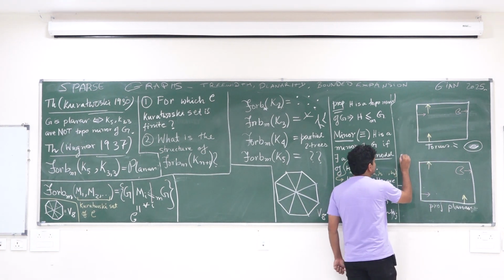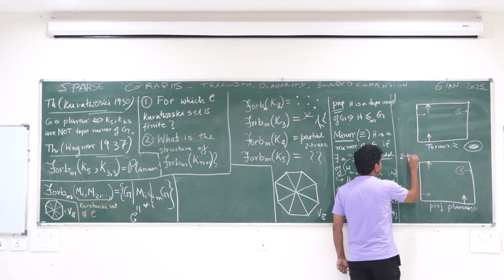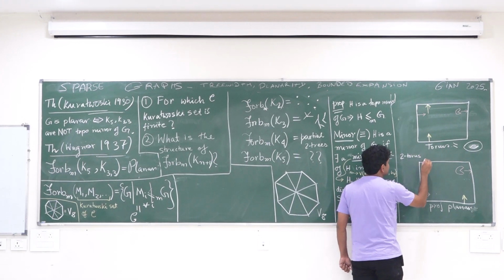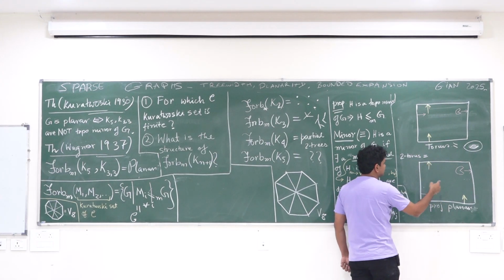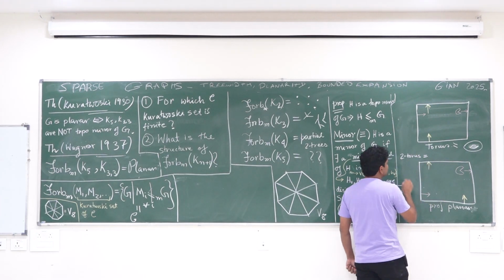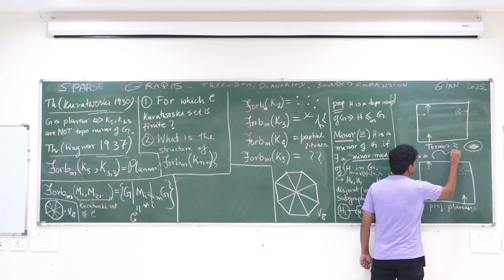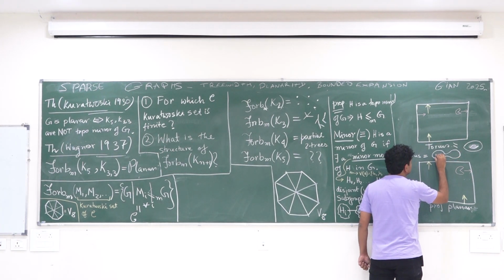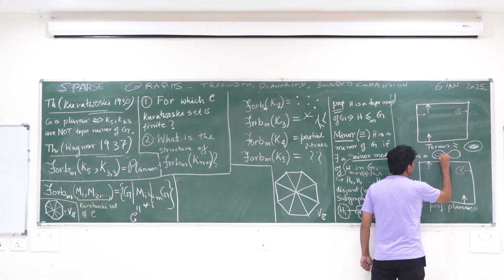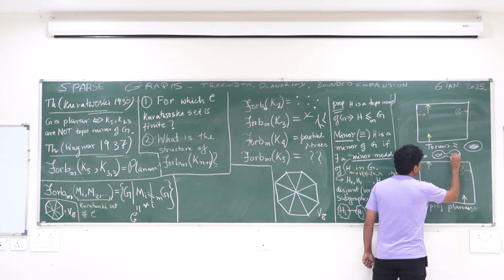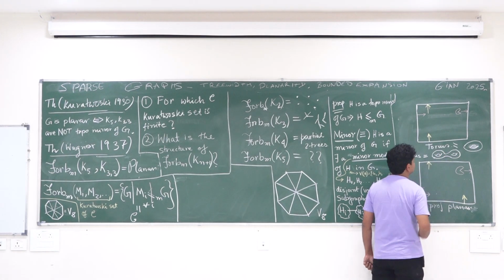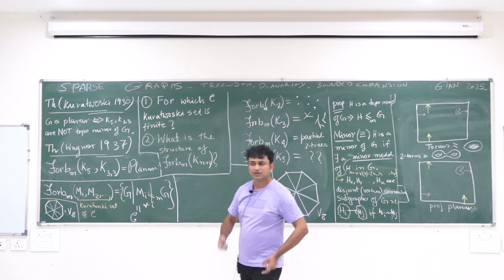And one torus is easier to visualize than the genus 2 here. So genus 2 torus, it will be like, there is a hole here and there is a hole here. Okay? So two holes.